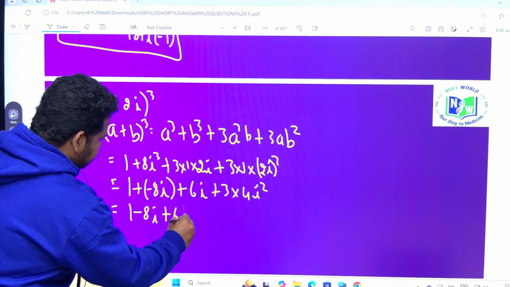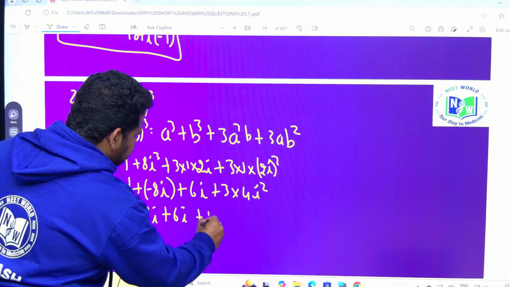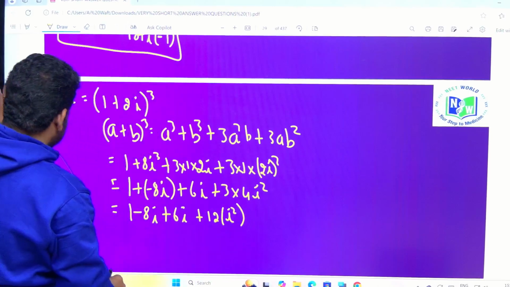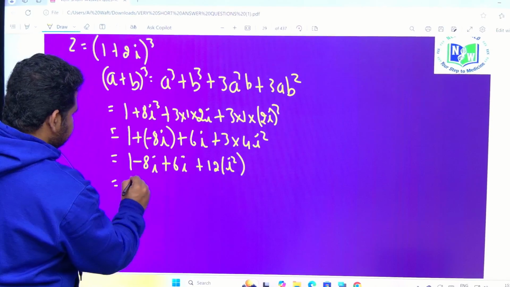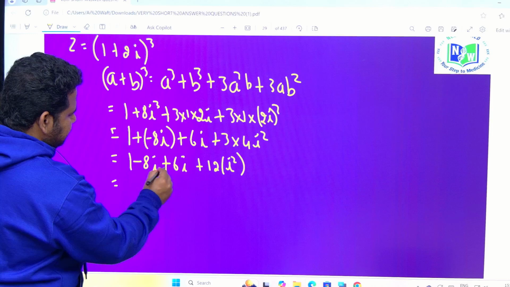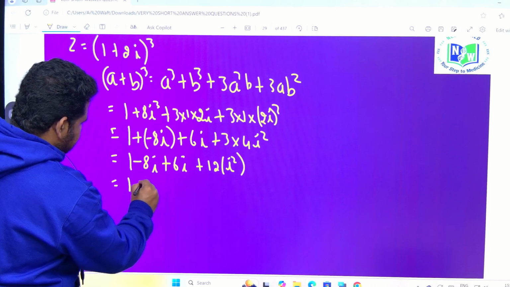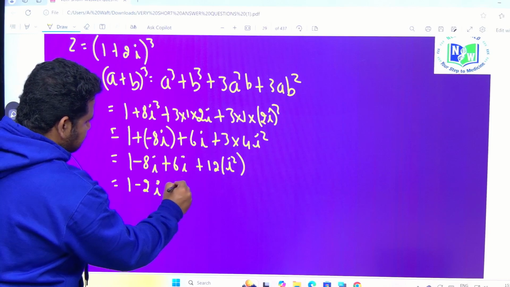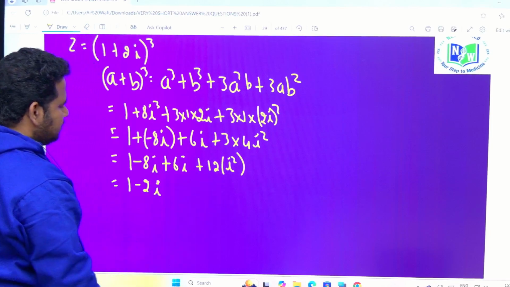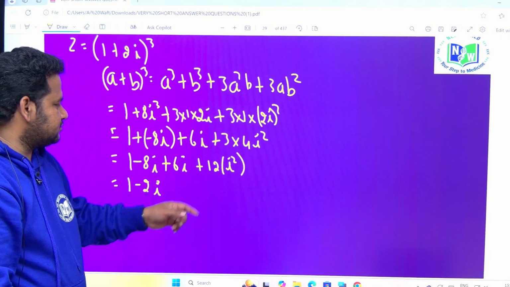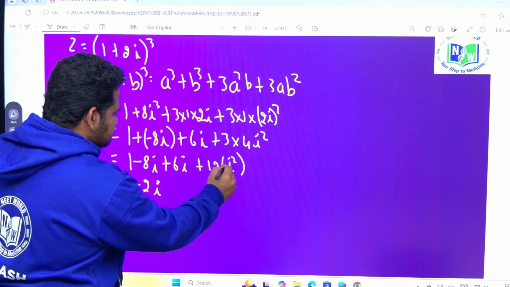Plus 6i plus 3 4s are 12 I square. So this can be written as minus 8i plus 6i will be equal to minus 1 minus 2i. So what is I square? I square is nothing but minus 1.